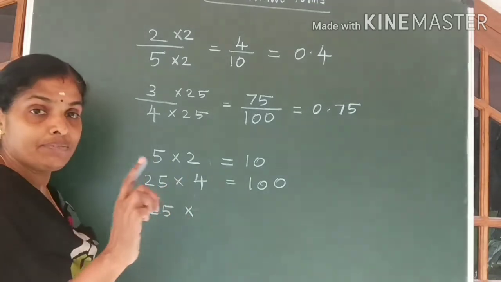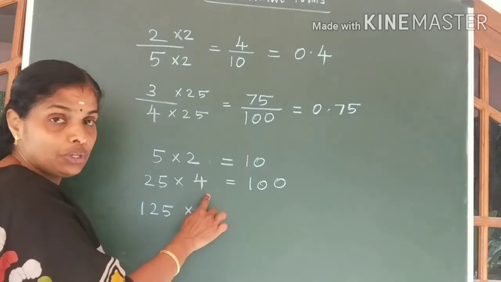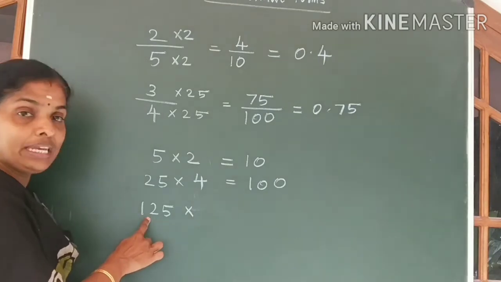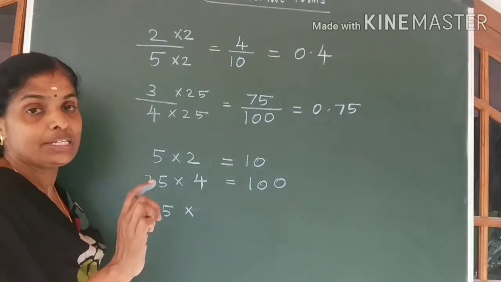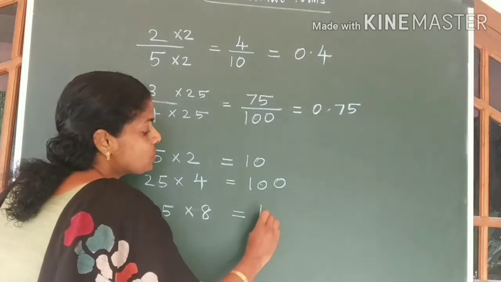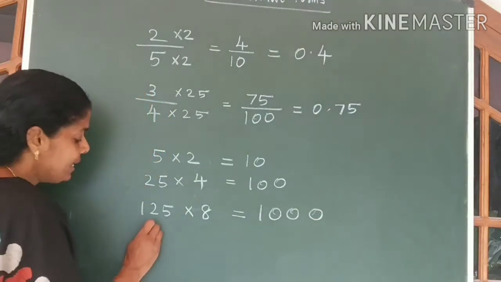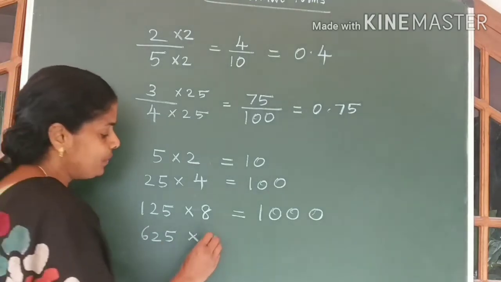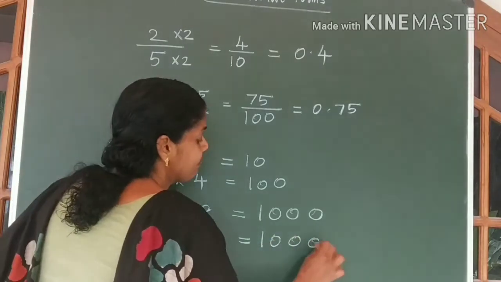In 25 there are 2 5s, so multiply it with 2 2s, which is 4. You get 100. 125, you have 3 5s, so multiply it with 3 2s. So you will multiply it with 8, so as to get 1000. Take one more example. If it is 625, multiply it with 16 so as to get 10,000.